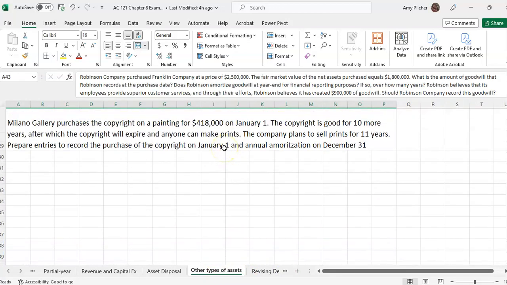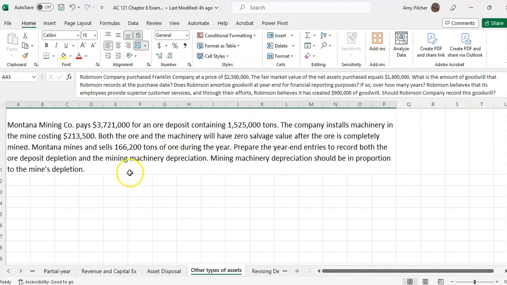In this example, we are going to look at other types of assets, so natural resources and intangible assets. This first example, we have a mine that has ore in it. So we bought a mine that has 1,525,000 tons of ore.